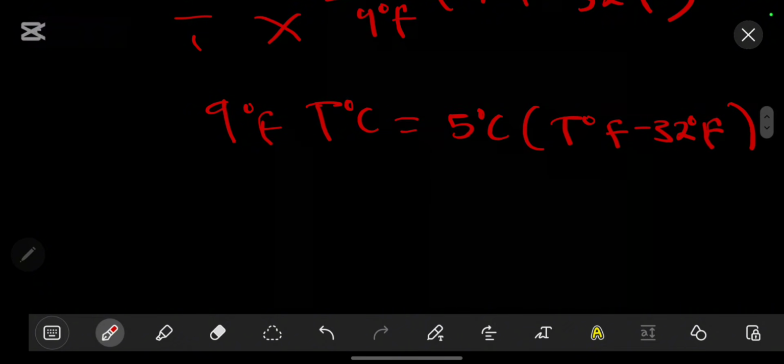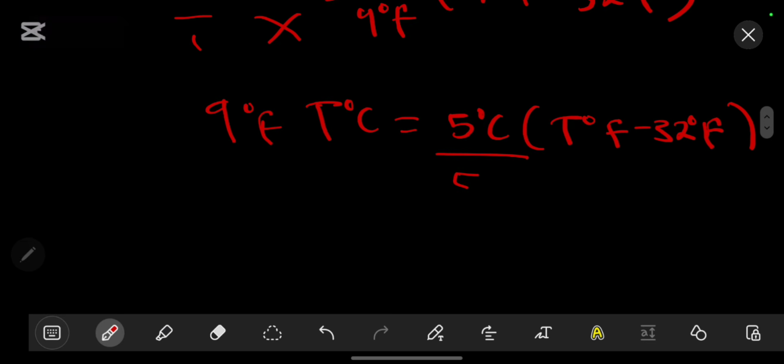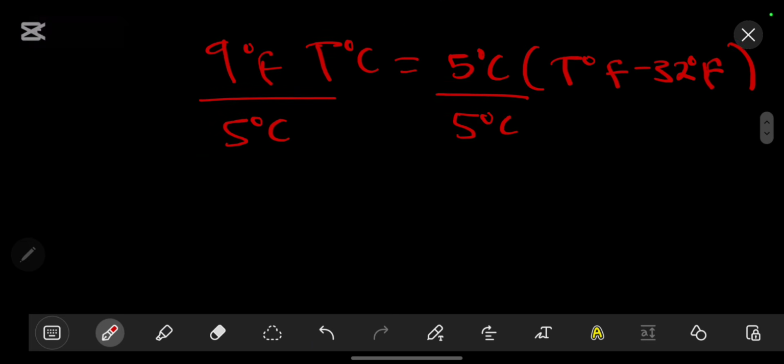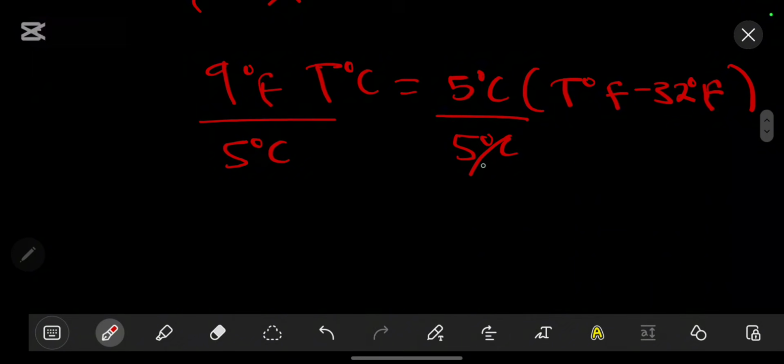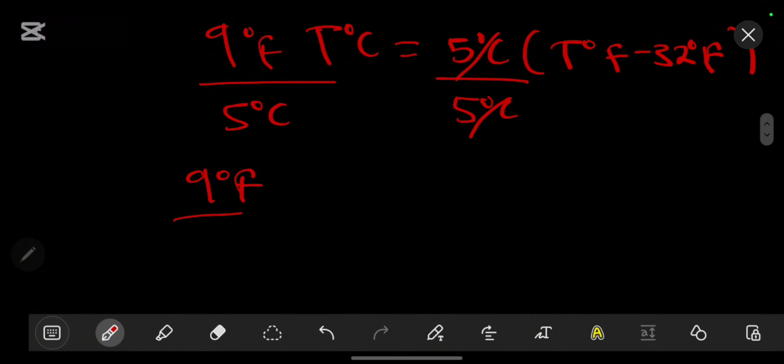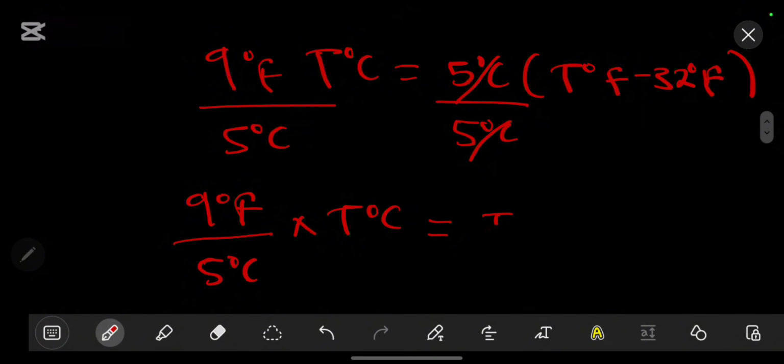Then after doing that, we can divide by 5 degrees Celsius. So we cancel this, and we are going to have 9 degrees Fahrenheit over 5 degrees Celsius times the temperature in degrees Celsius should be equal to the temperature in Fahrenheit. We can even remove the brackets, minus our 32 degrees Fahrenheit.